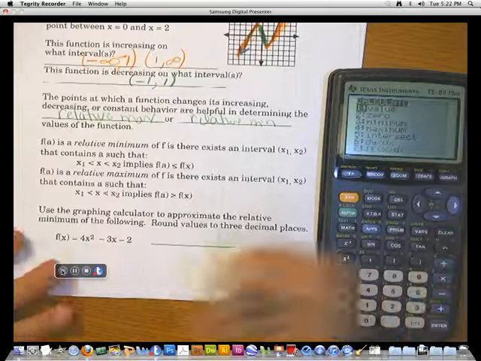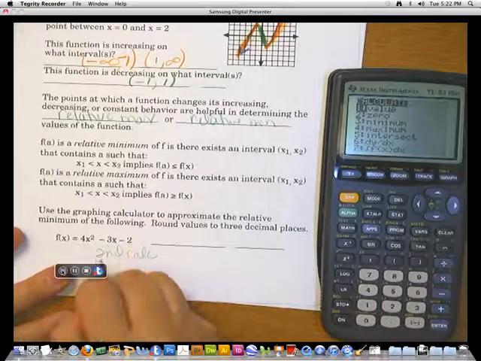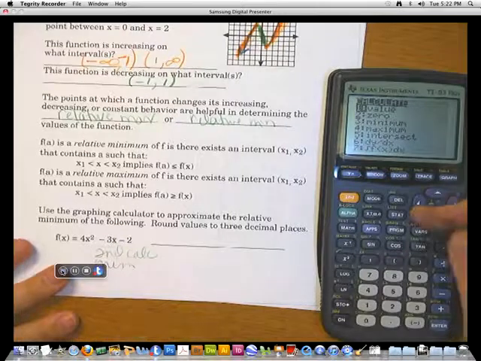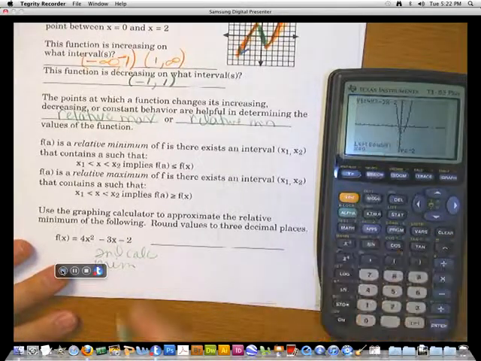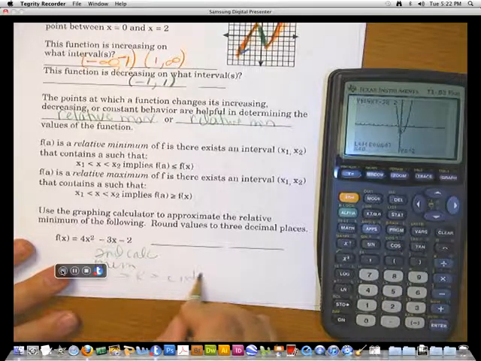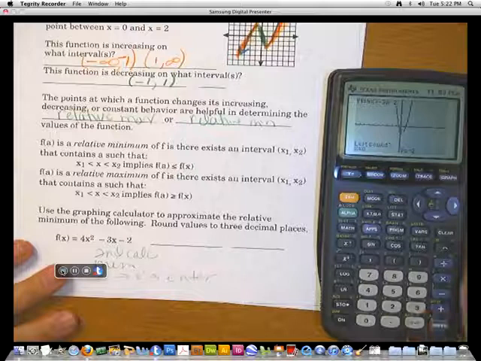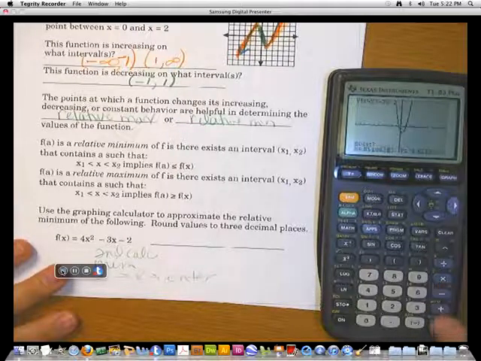So second, calculate. And then we're going to go to a minimum. And then it's going to give us our flashing spider, and we have to be to the left. Then you have to be to the right. And then you just hit enter. So to the left, move the spider to the right. Are you sure? Yes.